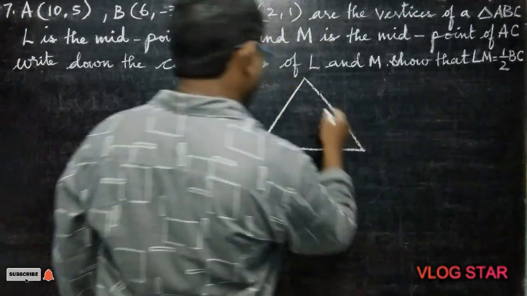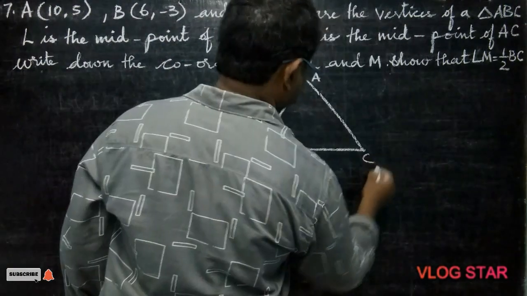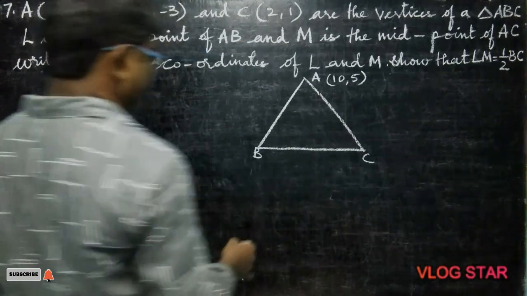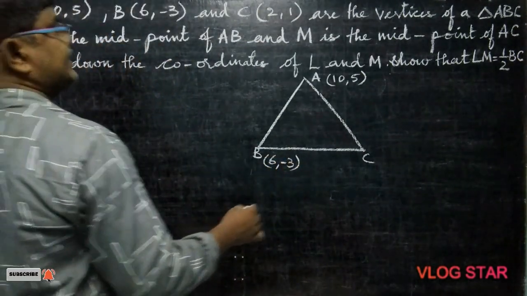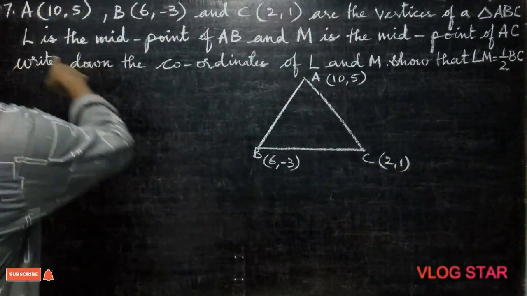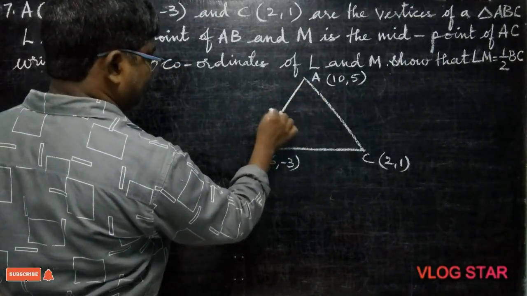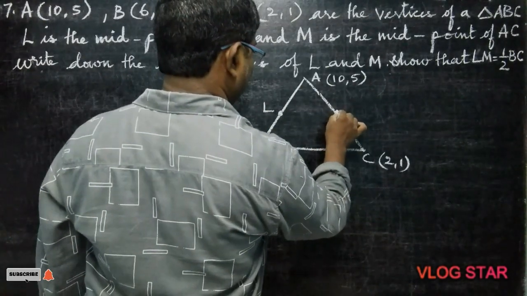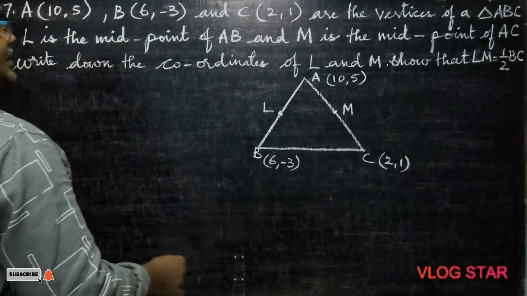For A they have given (10, 5), for B (6, -3), for C (2, 1). L is the midpoint of AB and M is the midpoint of AC.